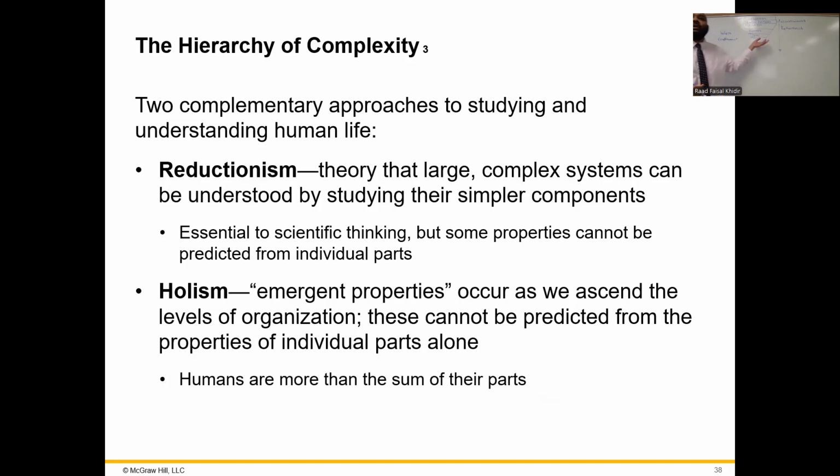Okay, so you need to know the names of the views and how to arrange them. For example, I can ask you a short answer and say, can you please assemble for me in the deconstructionist and the reductionist view, or from organisms to the atoms? Then you put organism first, followed by organ system, organs, tissues, cells, atoms.